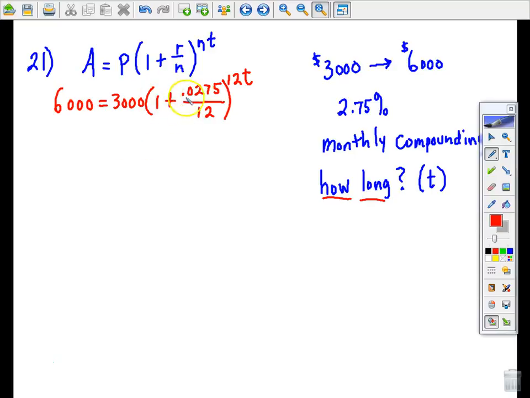The first thing I'm going to do is combine all of this in the parentheses. I'm going to bring the rest of this down. So in your calculator, you need to find out what 1 plus 0.0275 divided by 12 is.